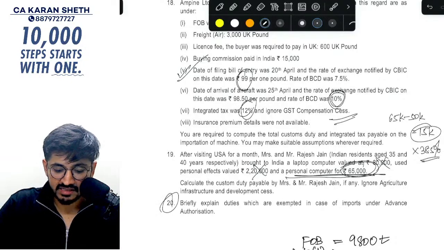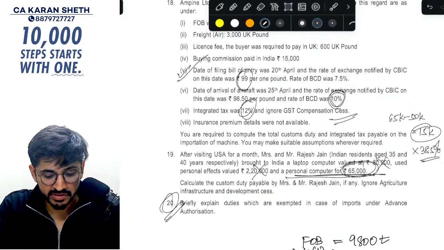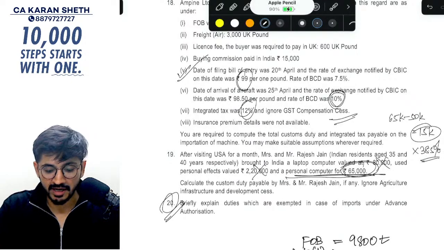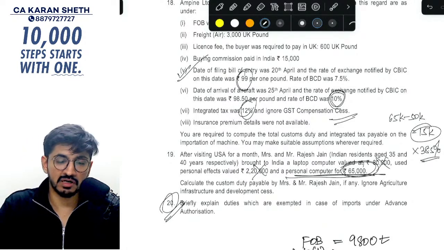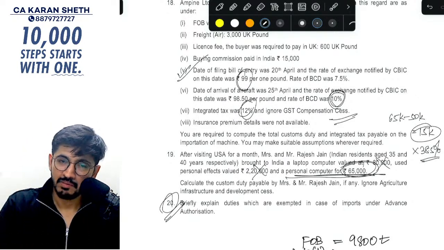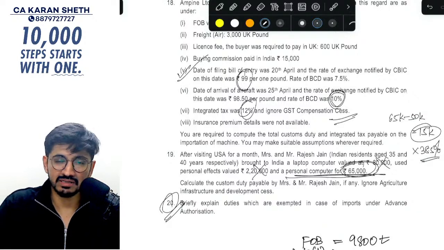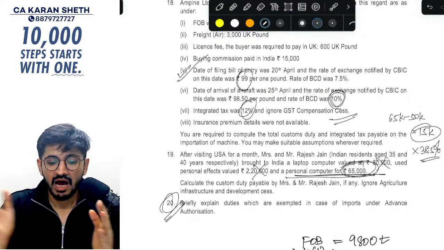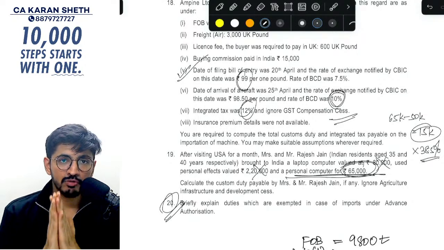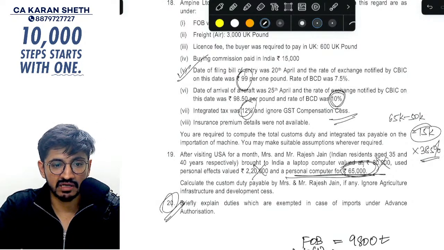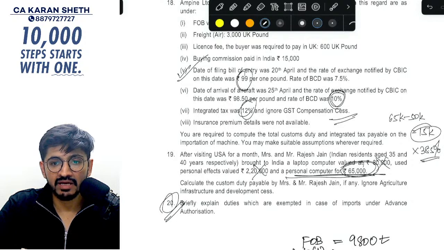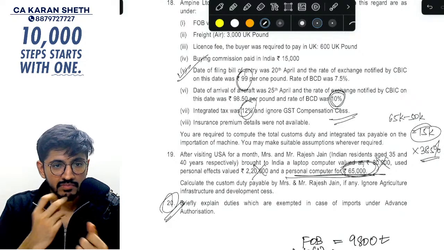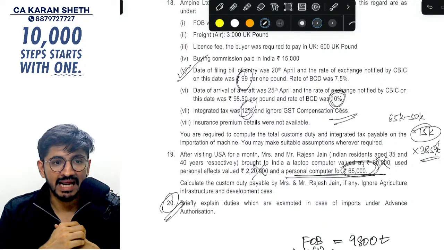Okay, and last is question number 20. It's a theory question where you are about to explain duties which are exempted in case of imports under advance authorization. Please read it and go through it. There's nothing to discuss. That's it, my dear friends. I hope that I have been able to discuss the entire RTP in a very crisp and fast manner, in a rapid way.